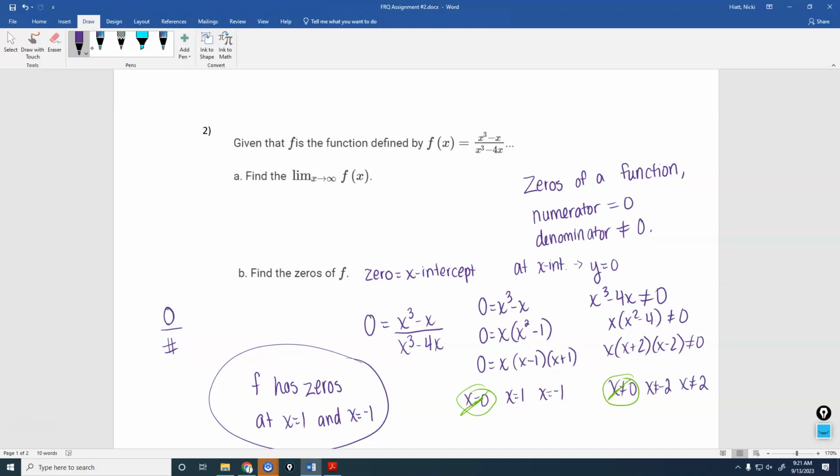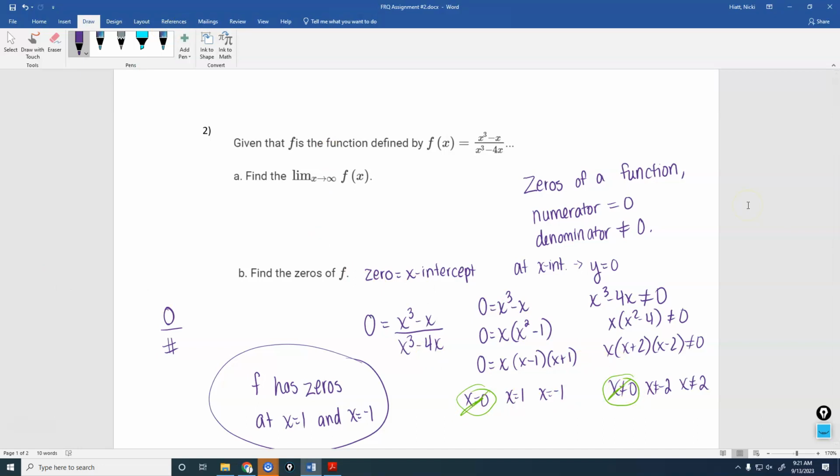And sometimes the denominator really doesn't even matter because it's not the same number. So like if we had got x cannot equal 3, x cannot equal 2, and x cannot equal 7, we would just have 0, 1, and negative 1. But in this case, because one of our numbers that we got as an answer couldn't be the answer, we had to throw that out.